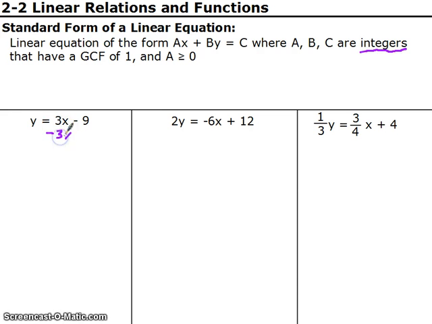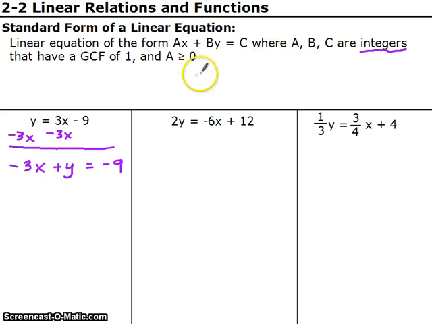So I need to subtract 3x. X and y have to be on the same side of the equation. So negative 3x, that's a positive y, so plus y equals negative 9. Make sure we're following the rules. Are they integers? Yes. Do they have a GCF of 1? Well, the number in front of y is a 1, and since 1 can't be divided by anything else, yes, they have a GCF of 1.